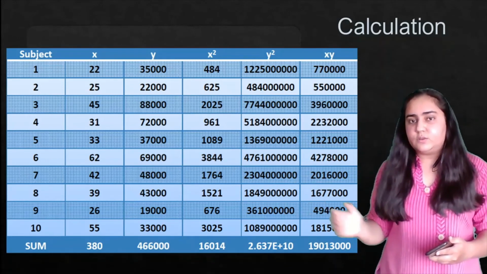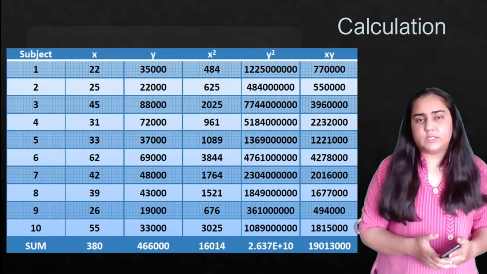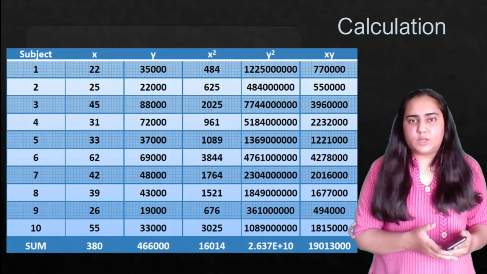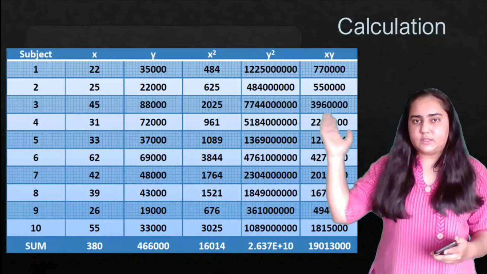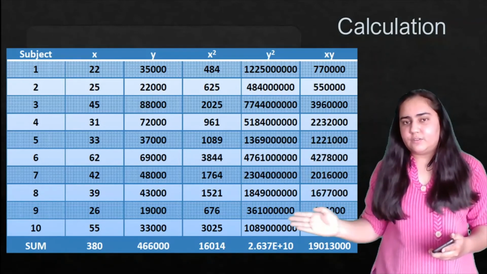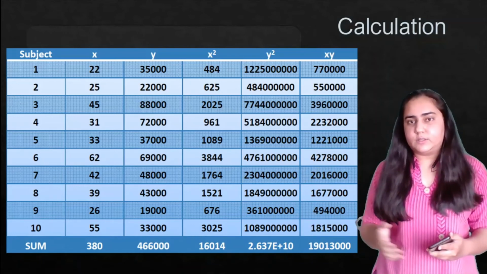We've also calculated Y square. Y square is the square of all the values present in the Y column. So 35,000 squared is this big number right here. And so we have squared each and every Y value present.